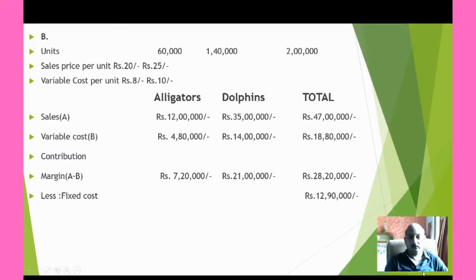Then we calculate the contribution margin, A minus B. So we will deduct 4 lakh 80,000 from 12 lakh, and we will get rupees 7 lakh 20,000 for alligators, rupees 21 lakh for dolphins, and overall 28 lakh 20,000 in total. Then we deduct the fixed cost, that is 12 lakh 90,000, and the net income will be 15 lakh 30,000.